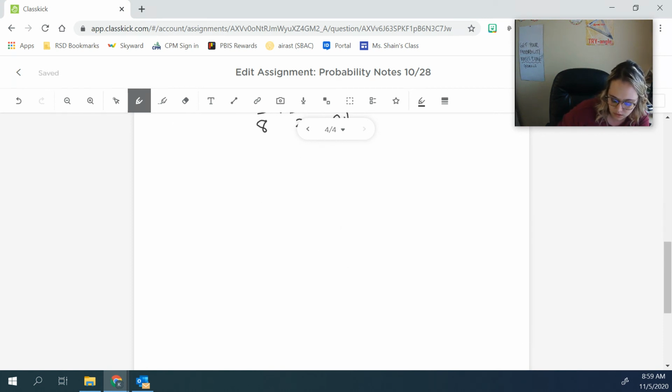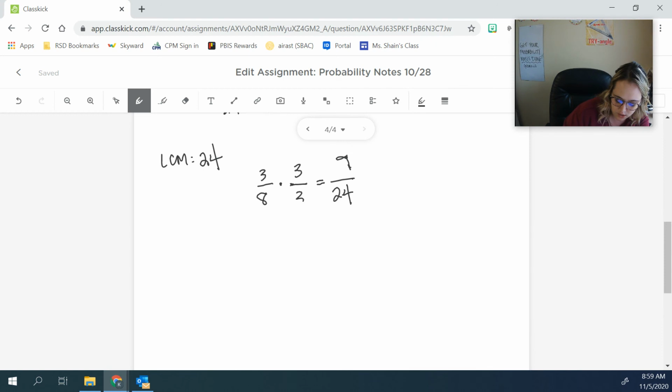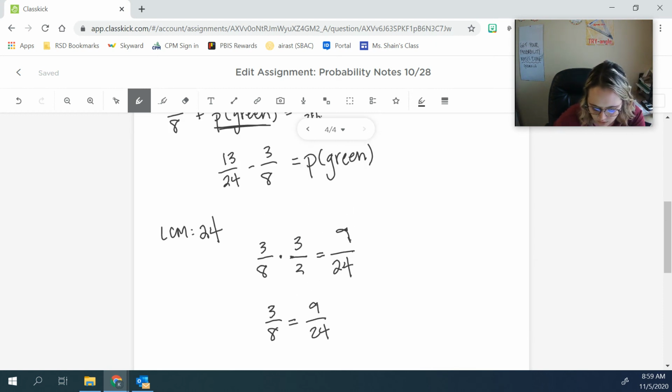So 3/8 is equivalent to 9 out of 24. So now I can substitute this 9 out of 24 for the 3/8 in my original expression or equation up there, okay?